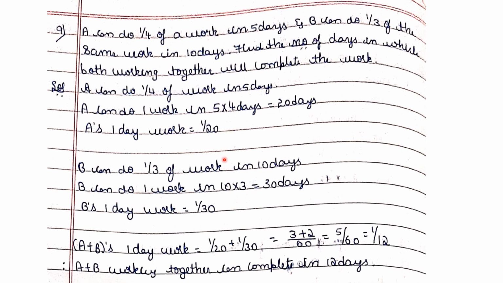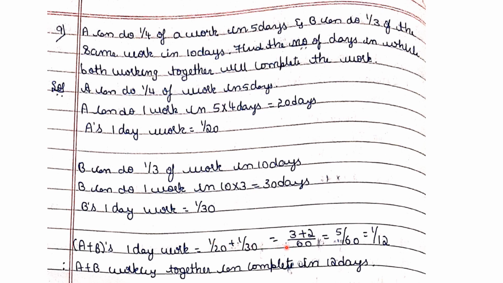In the same way, B can do 1/3 of the work in 10 days. So 10 into 3 will become 30 days. So B's whole work is 30 days, but 1 day work is 1 divided by 30. So finally, adding A plus B, you have to add the 1 day work. 1 divided by 20 plus 1 divided by 30.